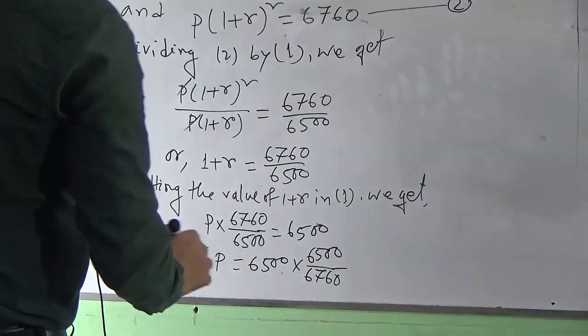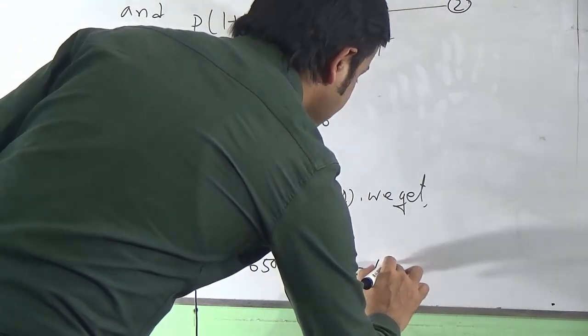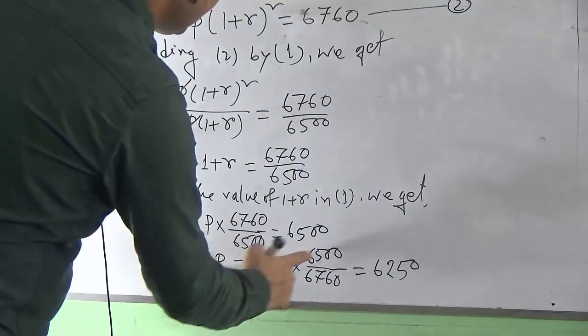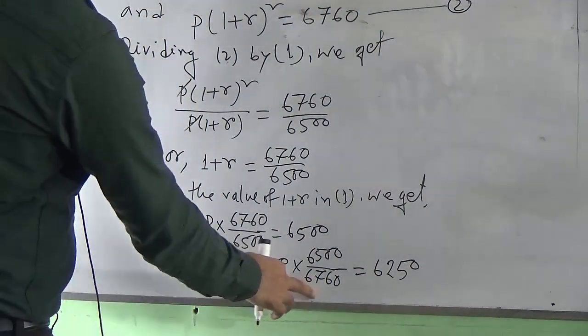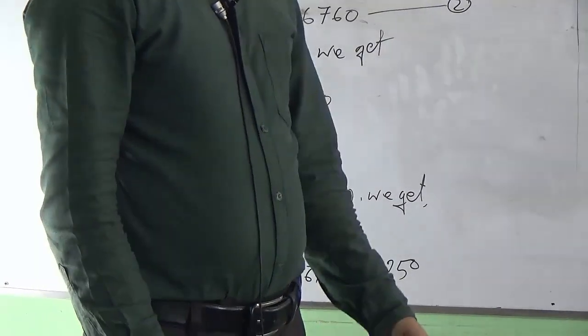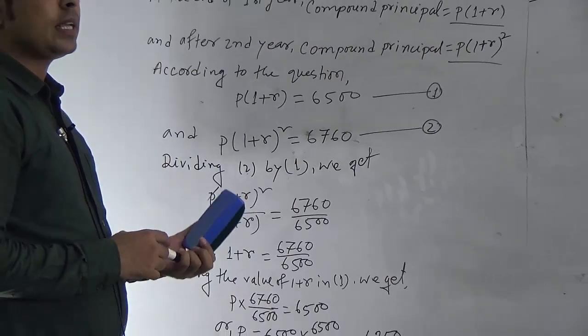Now if we calculate, multiplying these two and dividing by 6760, we will get the value of P is 6250. To do this simple calculation, you can use a simple calculator.